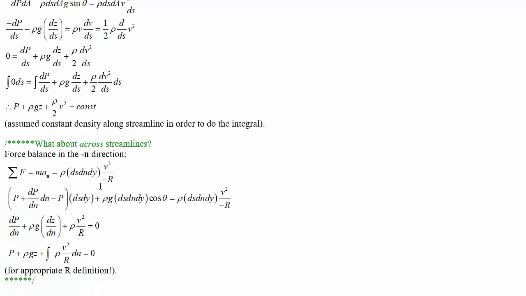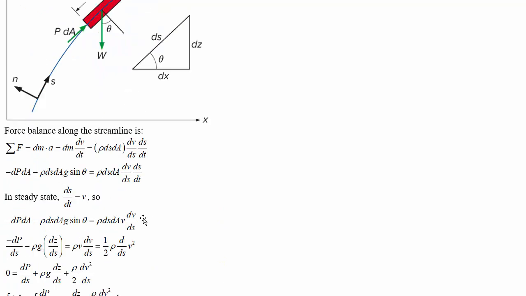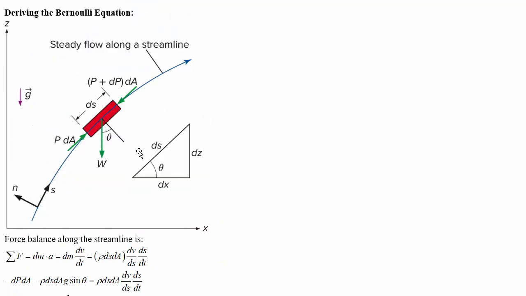What about across a streamline? Well, there's a force balance in the negative normal direction you could do, which would be sort of this direction down here, down and to the right.